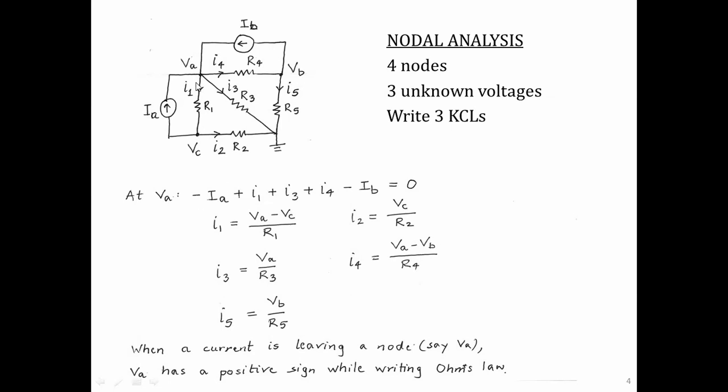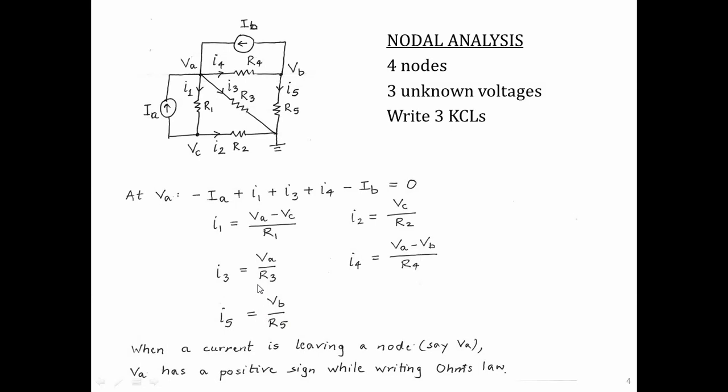I2 is VC minus ground, so 0, so I2 is VC by R2. I3 is VA by R3 because this is ground. I4 is from VA to VB, so I4 is (VA minus VB) by R4. And I5 is VB by R5.